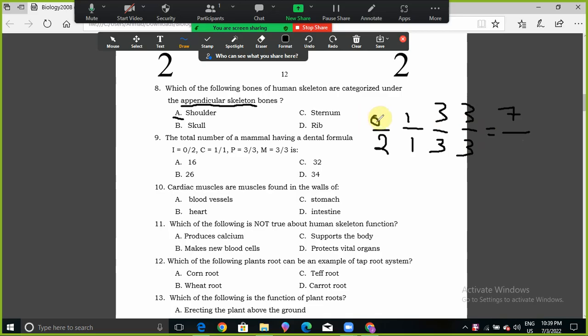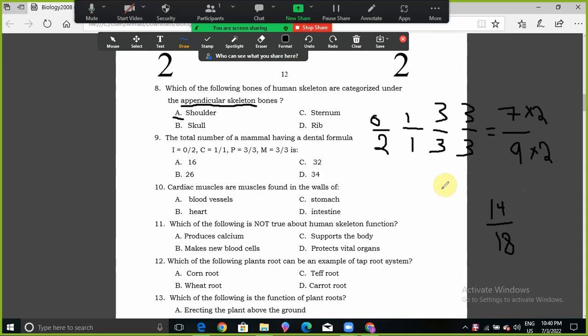Then after adding 0, 1, 3, 3, it will be 7. Then adding 2 plus 1 plus 3 plus 3, it will be 9. Then multiply both of them by 2, and after multiplying we get 14/18.